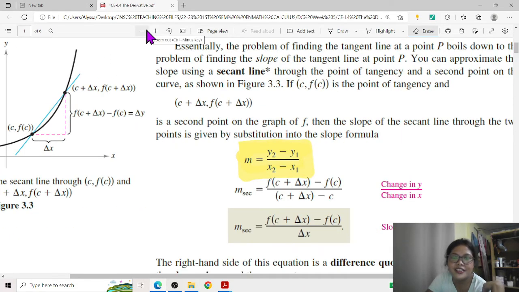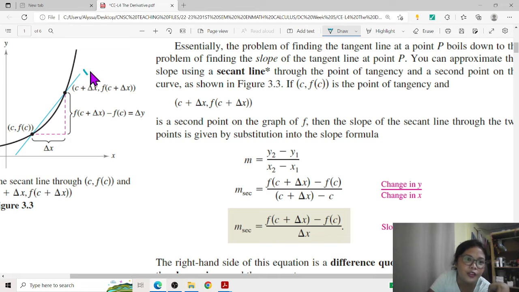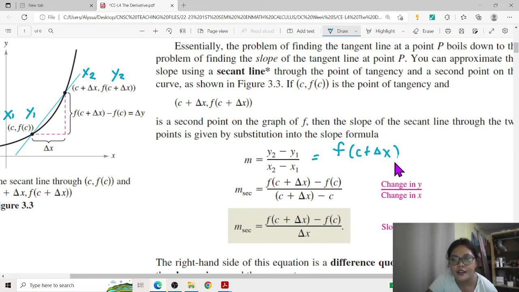So, slope is a rate of change, and if we are to relate the rate of change between y2 and y1, ayun, na-erase ko pa, no? So, ito yung x2, ito yung y2, ito yung x1 mo, and then this is your y1. So, y2 minus y1 will become f of c plus delta x. And then your y1 is your f of c. Tama?